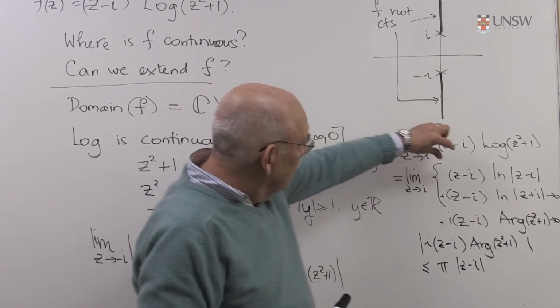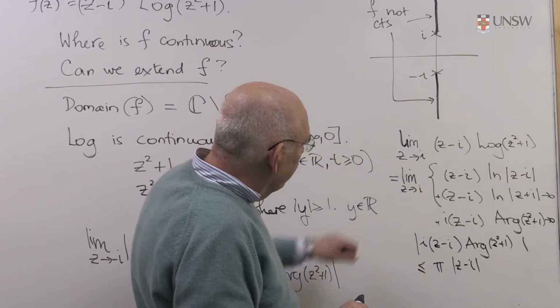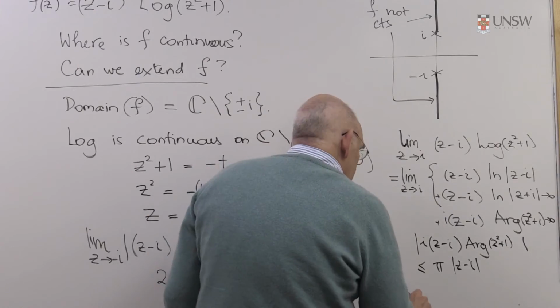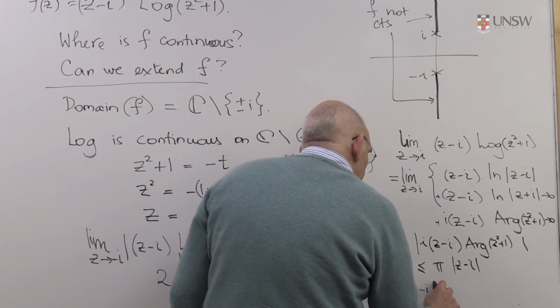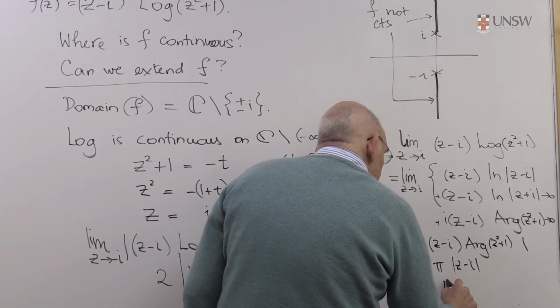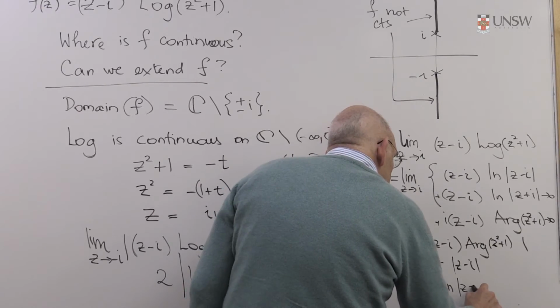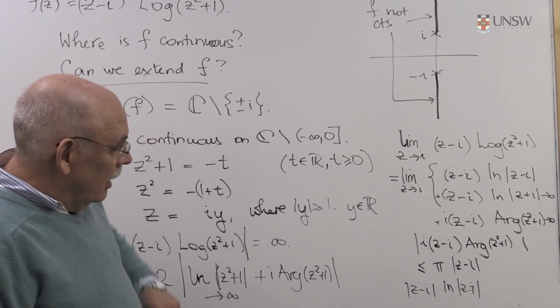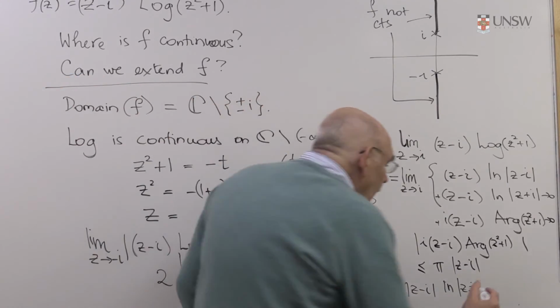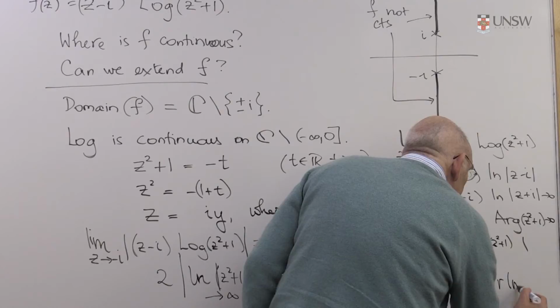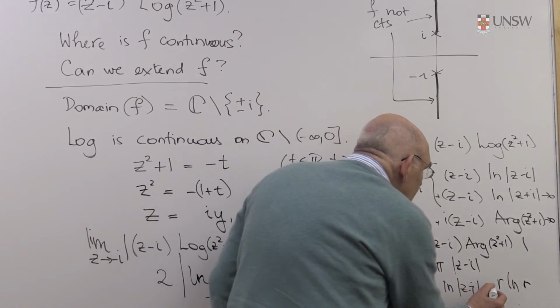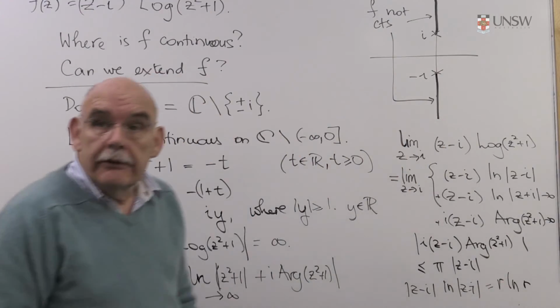Now what about this one? Well, if I look at the modulus of this one, I might as well be looking at the modulus of z − i times ln of the modulus of z − i. And if I call this r times ln of r, then I'm looking at what happens to this as r goes to 0.